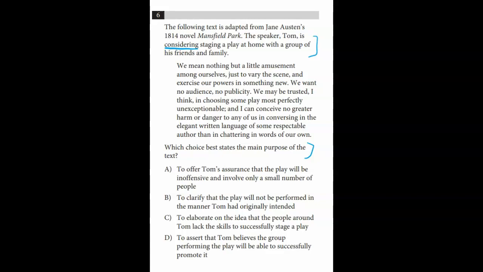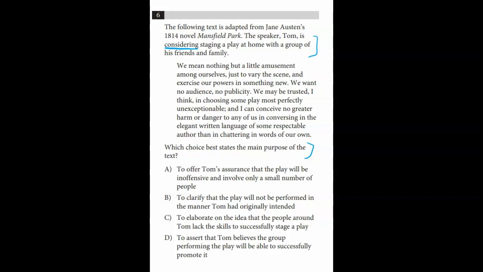We mean nothing but a little amusement among ourselves, just to vary the scene, and exercise our powers in something new. We want no audience, no publicity. We may be trusted, I think, in choosing some play most perfectly unexceptionable, and I can conceive no greater harm or danger to any of us in conversing in the elegant written language of some respectable author than in chattering in words of our own.